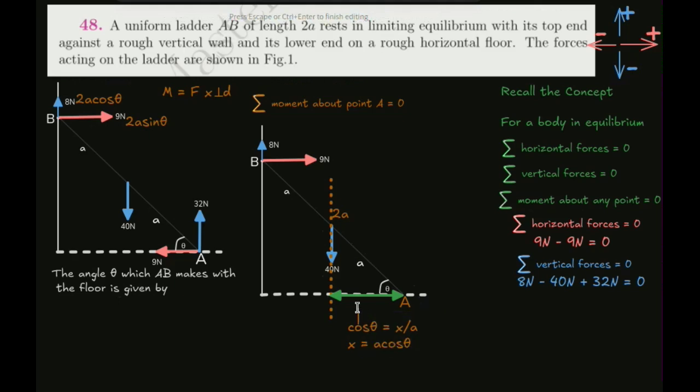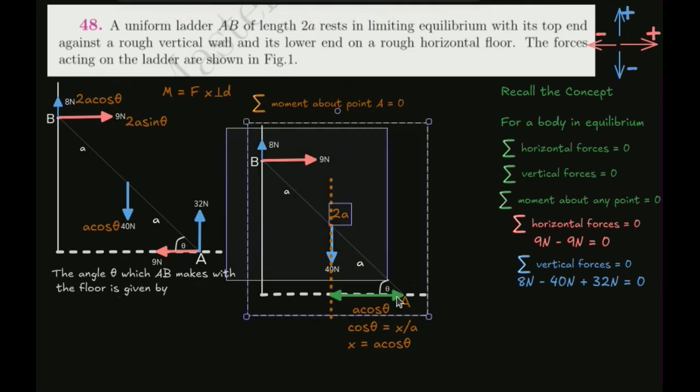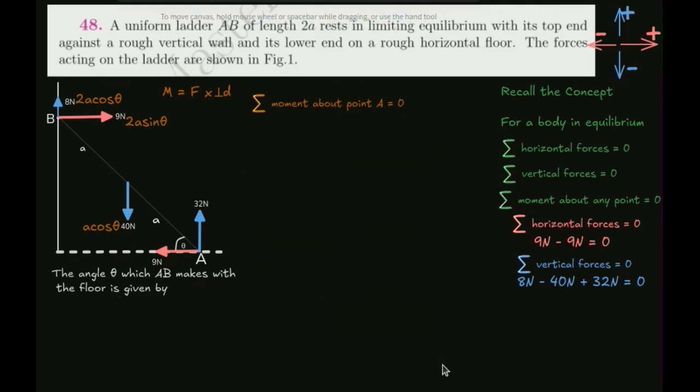So this side should be a cos theta. Okay, so the perpendicular distance of the 40 Newton is a cos theta. Okay, you can just get rid of this.